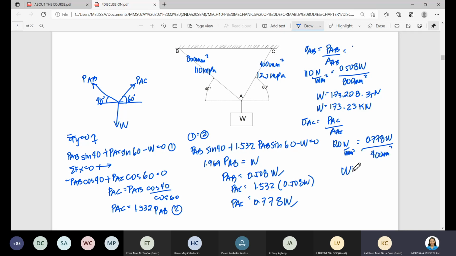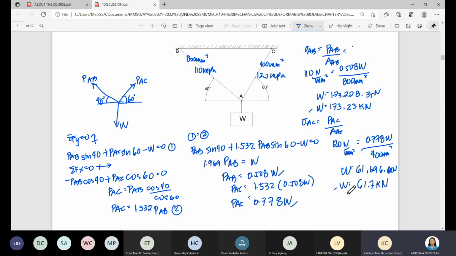So, the W is equal to 61696.65 Newton. So, meron na tayo ngayong dalawang value ng ating W, which is equal to 173.23 kilonewton and 61.7 kilonewton.